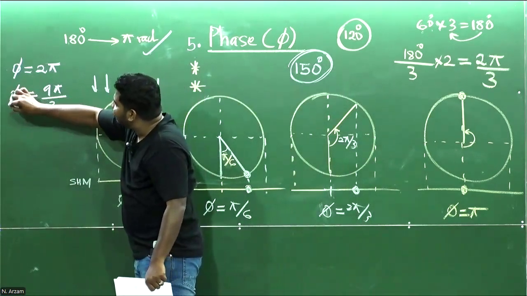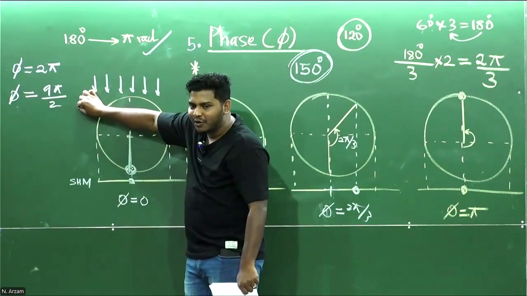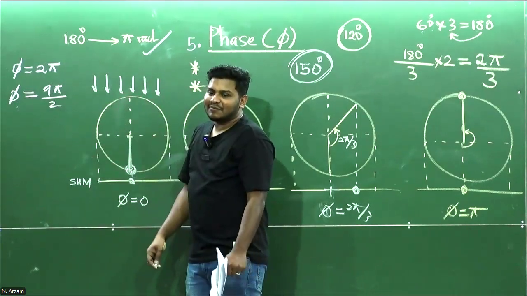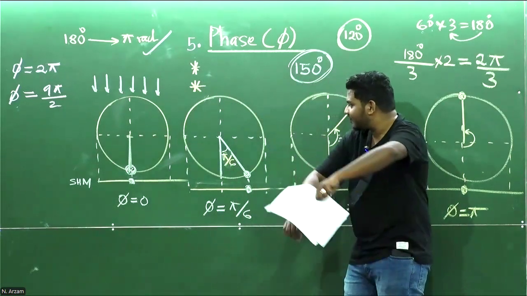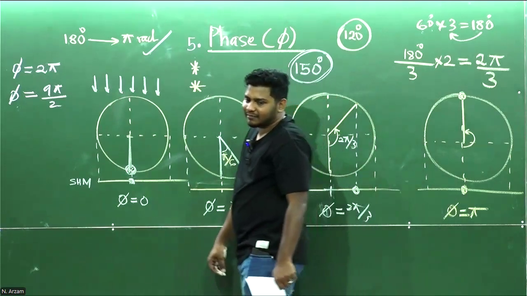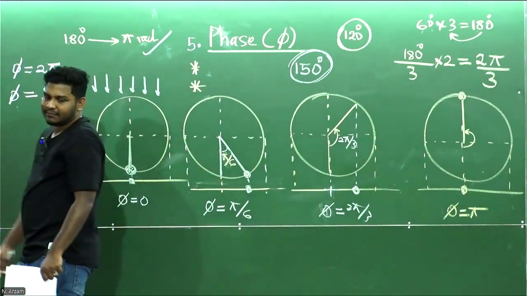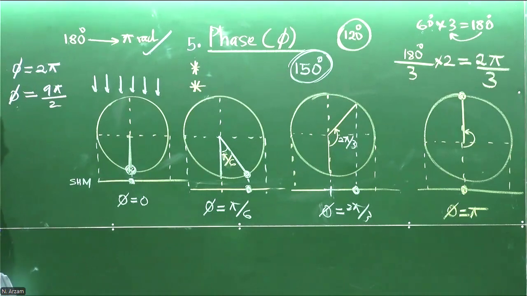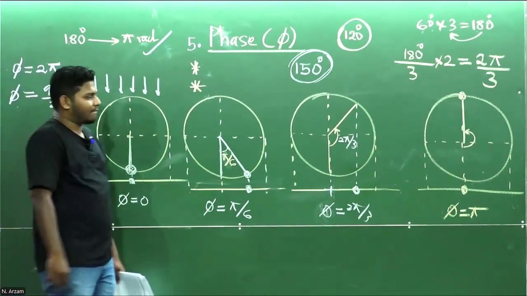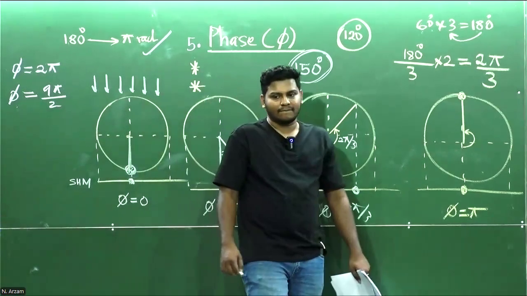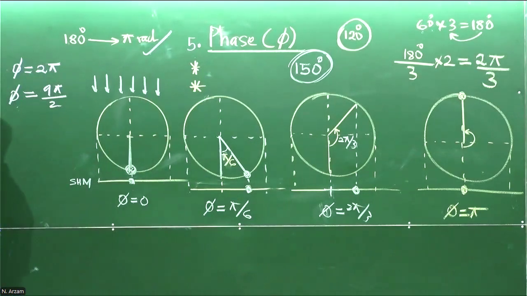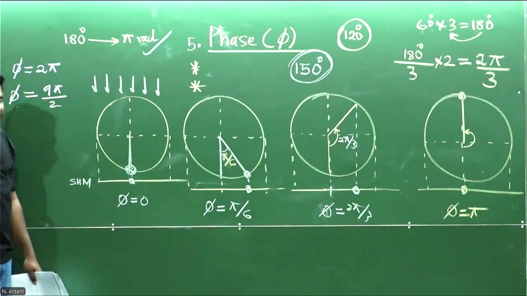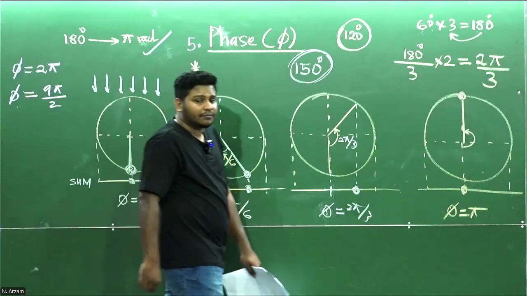If the particle's phase is 9 pi by 2, how many full rotations did it complete and where is the particle now?